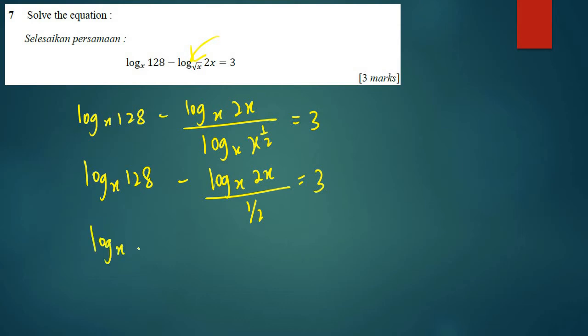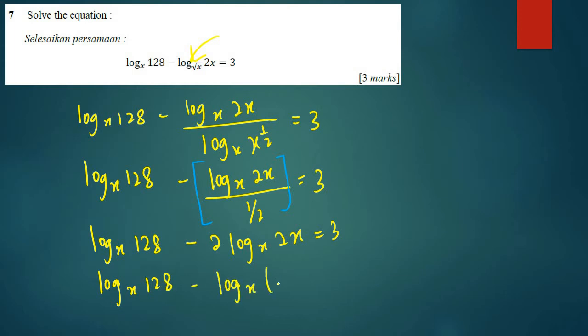So 128 minus 1 over 2, you simplify this step, you will get 2 log x 2x. Right? When you multiply 2 at the bottom and 2 at the top, then you will get 2 only. Okay, simplify more: this one brings 2 here, equals 3.